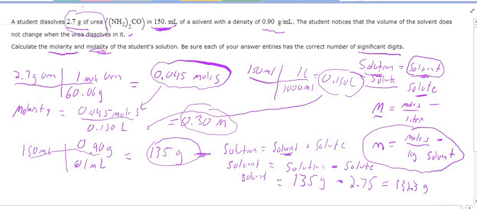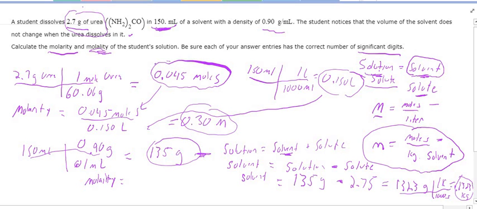Now, remember, molality is moles per kilogram of solvent. We've got it to grams, 132.3. And so I know that there are 1,000 grams in 1 kilogram. And so that is going to equal 0.1323 kilograms. Sorry, I'm getting cramped in that little corner there. So let's calculate molality now. Molality equals moles per kilogram of solvent.